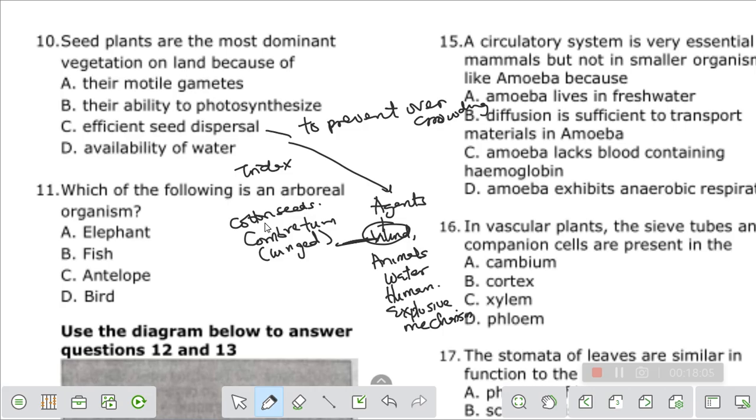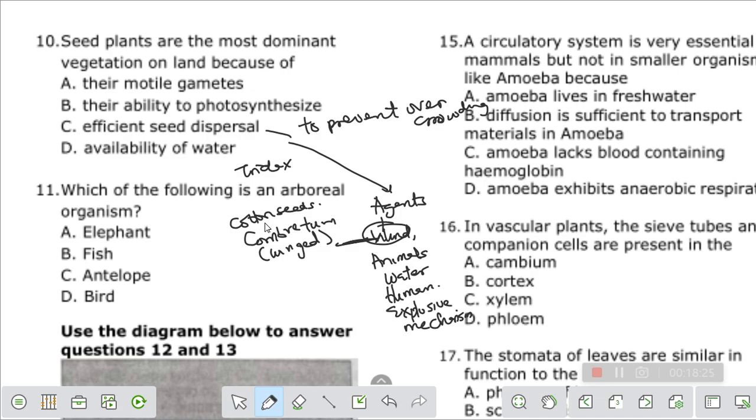Plants that use explosive mechanism are plants like oil bean, para rubber, pride of Barbados. So things that can split open.